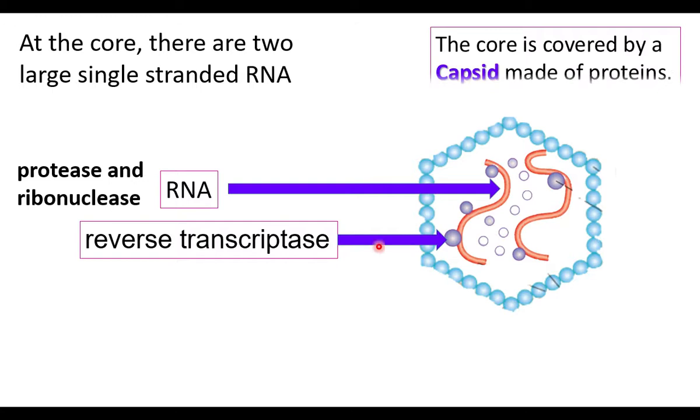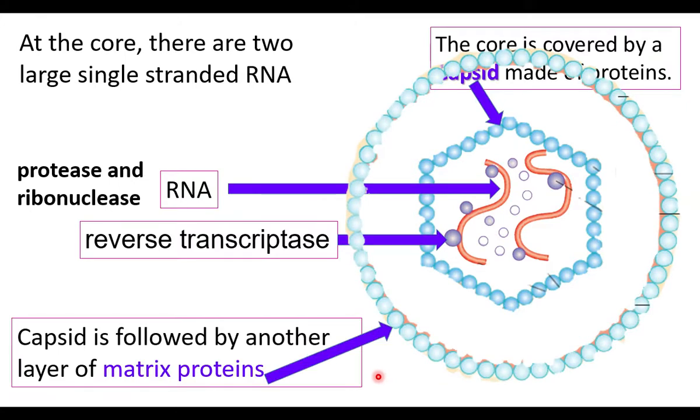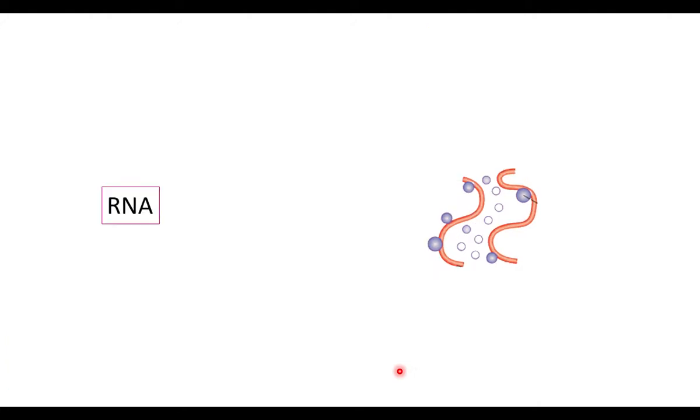The core is covered by the capsid made up of proteins. This is the protein capsid. This protein capsid is covered by another covering, that is the matrix protein. Finally, it is covered by the envelope. Now let us see the parts one by one.